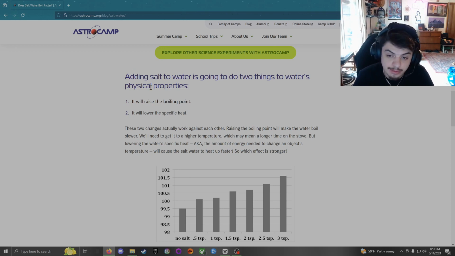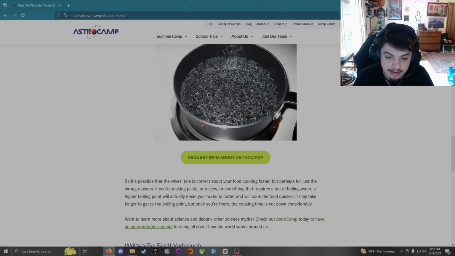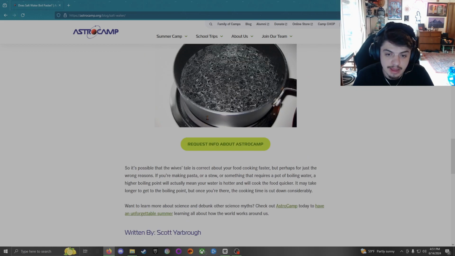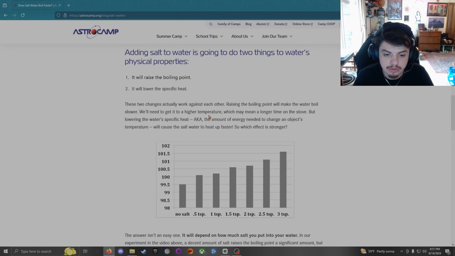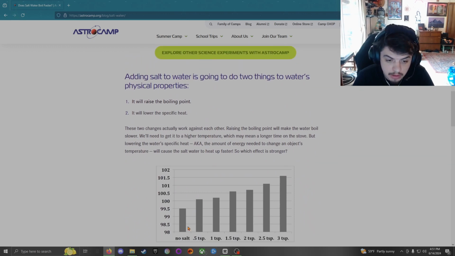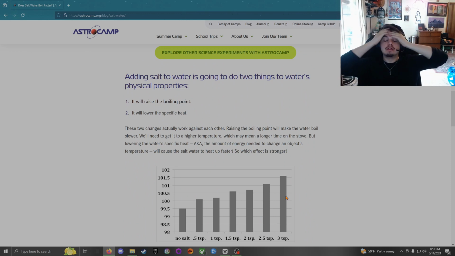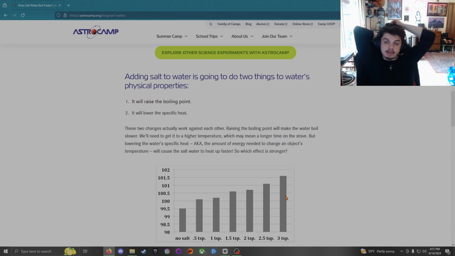Because if we go through more of the data that they have here, it does seem that it boils quicker if you add a smaller amount of salt. But if you add a lot more, it gets to a higher temperature and loses less energy. But like I said, you just have to get it to that boiling point at that point.